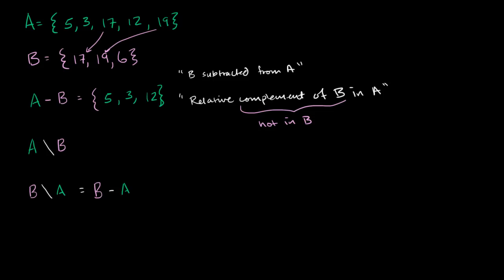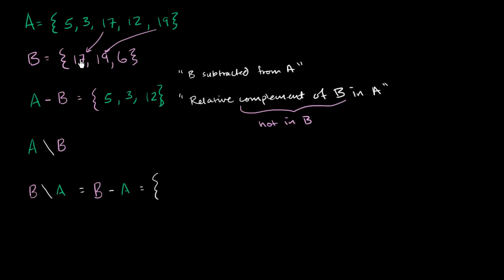What would this be equal to? Well, just going back, we could view this as all of the things in B with all of the things in A taken out of it, or the complement of A that happens to be in B. So let's think of it as the set B with all the things in A taken out of it.